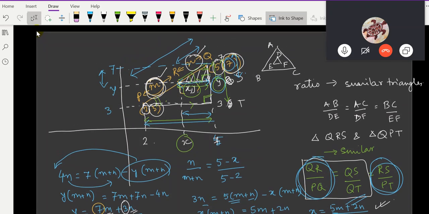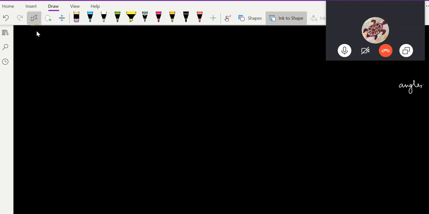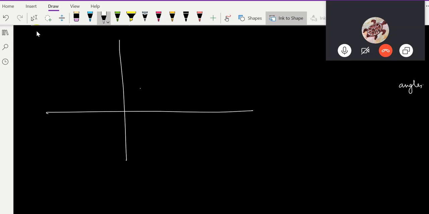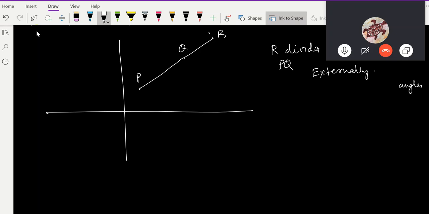Now if I do the reverse thing, that means if I have two points P and Q and there is another point R which divides PQ externally, what does this mean?